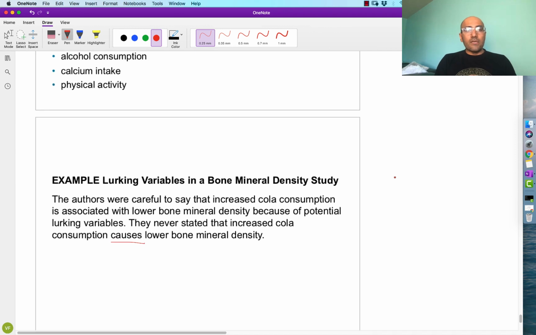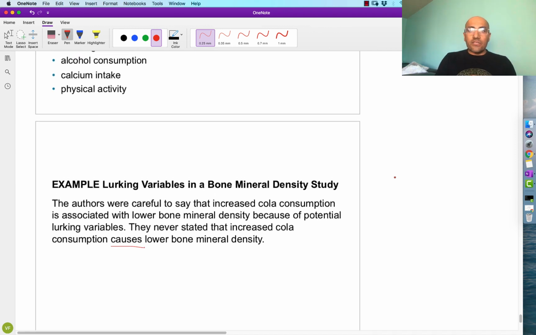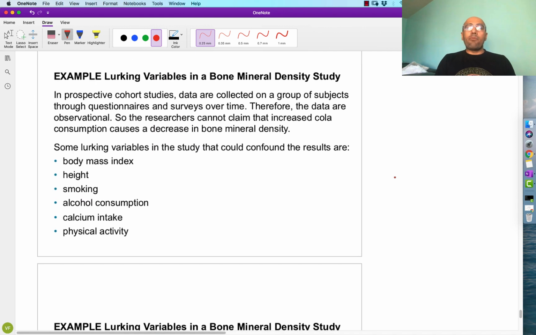Okay, so correlations are fun and interesting, and maybe they point in a direction we should be looking at to create an experiment, right? So a good study like this one that establishes a strong correlation would be a great indicator that maybe we should be looking at soda, cola consumption a little stronger.